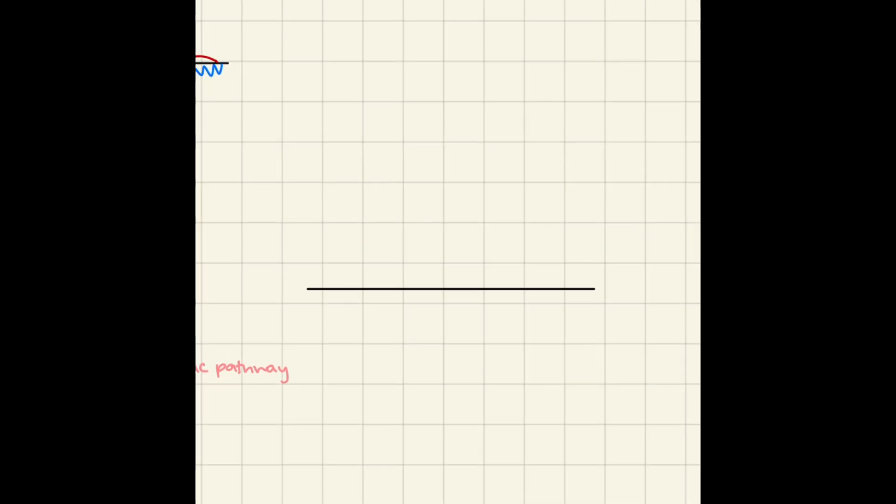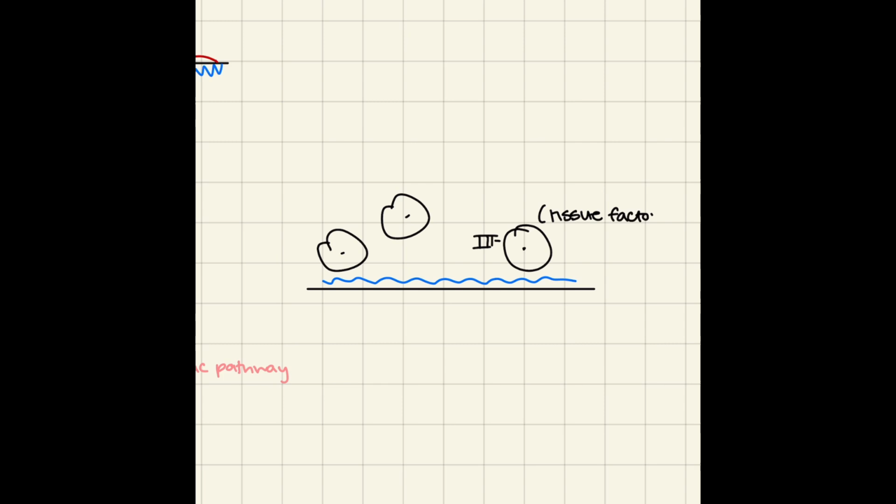So if we have the membrane of the hurt cell, and we have the basement membrane, and then we have a tissue cell or several tissue cells, they create this factor called factor 3. And factor 3 we also call tissue factor, probably because it's made by tissues. Factor 3 also can be embedded in the basement membrane.